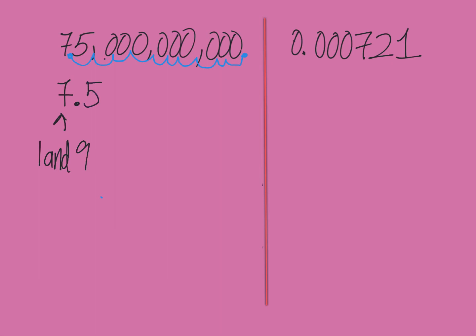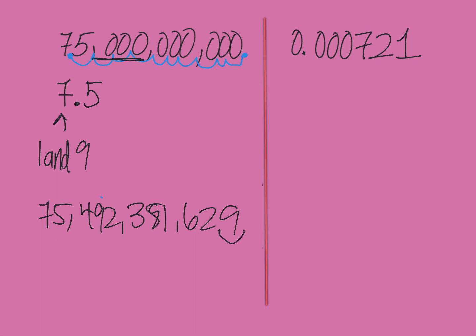If I would have had more numbers here, I would have written a few more, and I could round actually, because the point of using scientific notation is so I don't have to write that big number. Say I had something like 75,492,381,629.